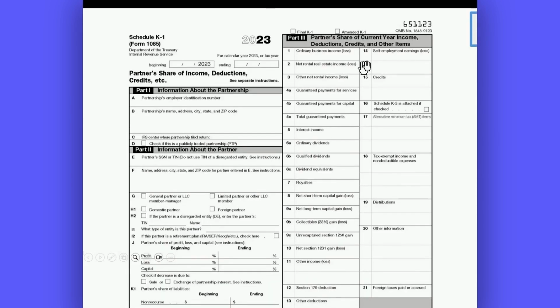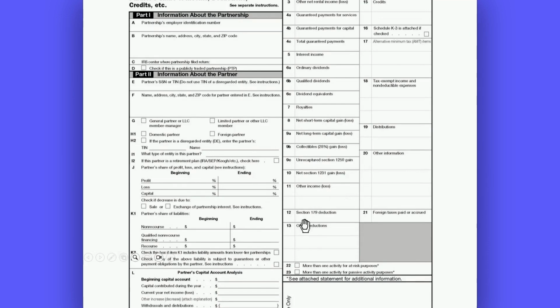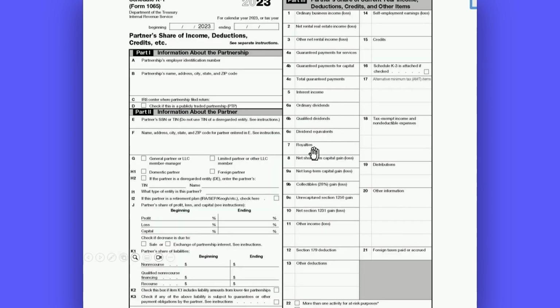And then over here is all of those items from Schedule K. Remember, the first thing was ordinary business income. That was line 1, and line 2 was net rental income. So this is going to follow down. You've got all of these different items. Now, not every single line item that was on Schedule K is listed here. However, all of those items could be relevant, and so you've got places that they can be put.